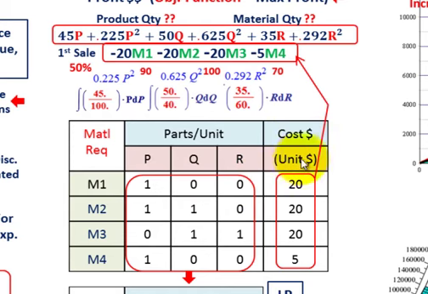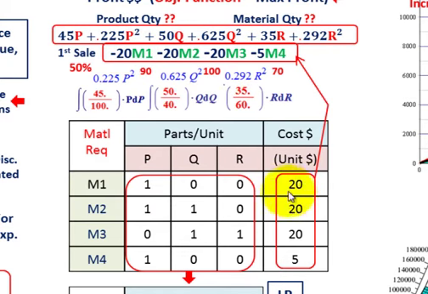The whole unit cost in dollars used for our different products: for Material 1, it's going to be $20. Material 2, $20 again, and Material 3 is going to be $20. Material 4 is going to be $5. So that's the unit cost. We put that into our objective function up here, as the coefficients.